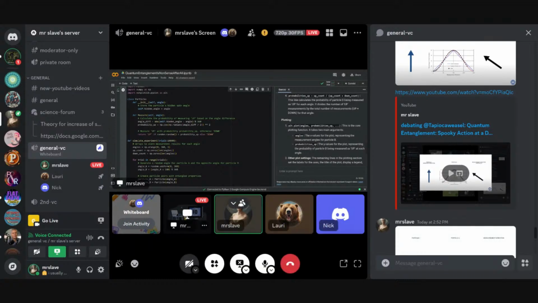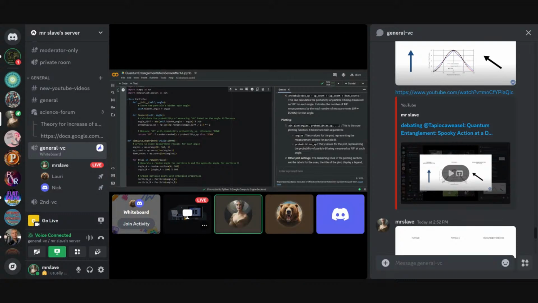The particle has a short function, measure, with 3 lines of code. And measure doesn't use any information from particle A or from that part of the universe of particle A. It doesn't use any information except for its own hidden variable and some calculation, and an angle from the other particle. Some difference of the angle, cosine squared. It does some internal calculation because it's measuring itself relative to the angle of the other particle.